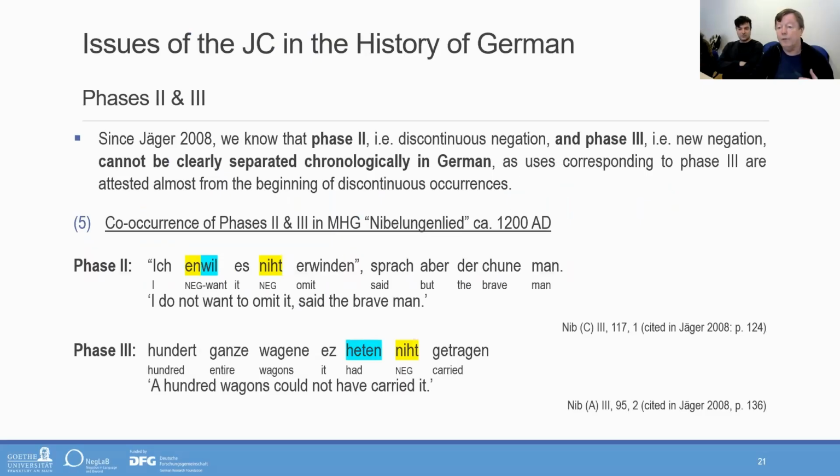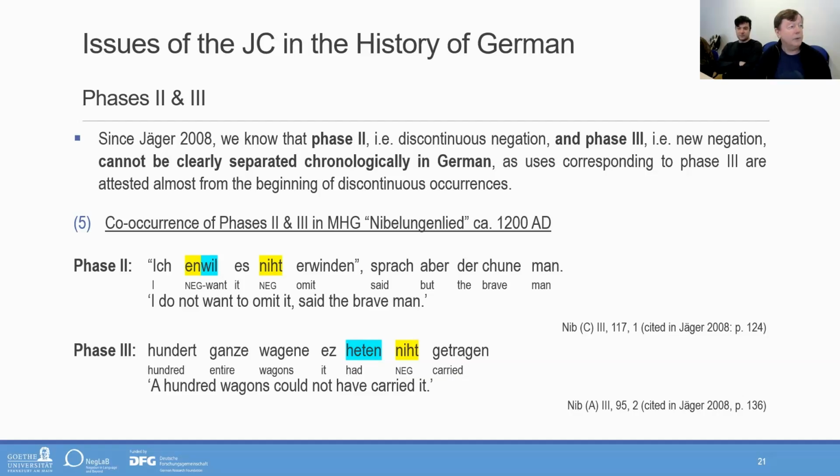First of all, Agnes Jäger has shown that phase two with the bipartite negation and phase three with the new negation only cannot clearly be separated chronologically in German, as uses corresponding to phase three are attested almost at the beginning of phase two.